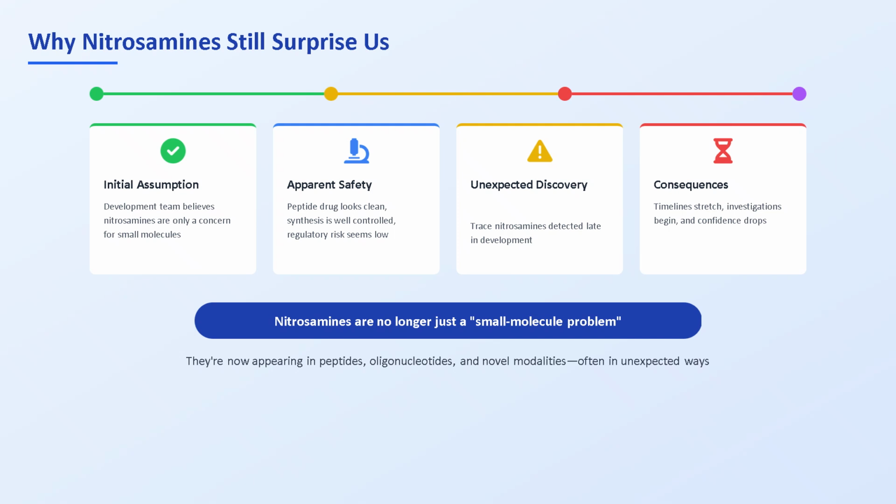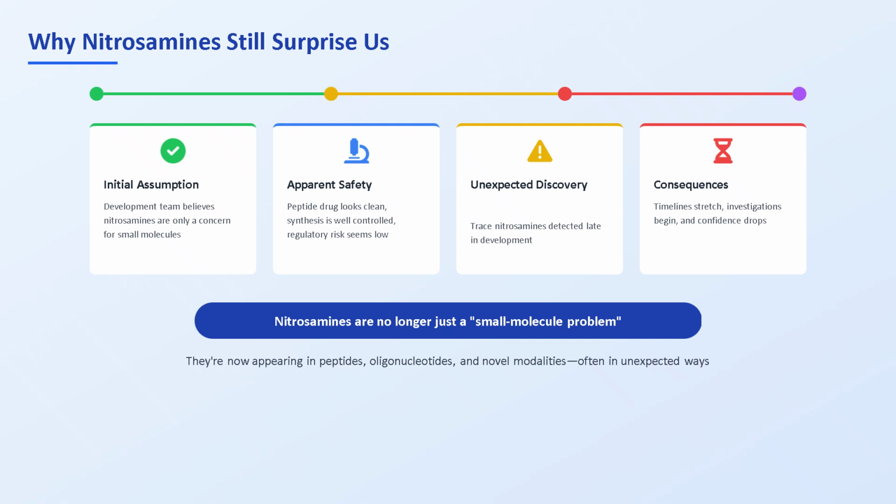Let me start with a story that many development teams will recognize. A peptide program looks clean. The synthesis is well controlled, the impurity profile is stable, and everyone assumes nitrosamines aren't relevant. Then, late in development, sometimes during stability or regulatory review, trace nitrosamines are detected.